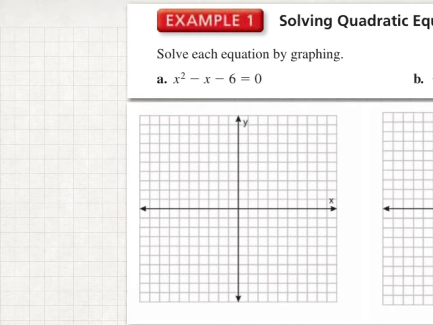What do we do? We need our two factors of negative 6 that add up to negative 1. So what are two factors of negative 6 that add up to negative 1? Two things that multiply to negative 6 and add to negative 1.